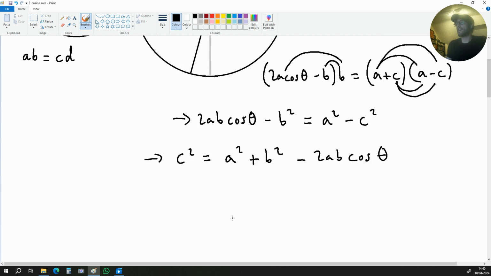And it turns out that that is the cosine rule. So therefore C squared is equal to A squared plus B squared minus 2AB times cos theta. And we have our proof.